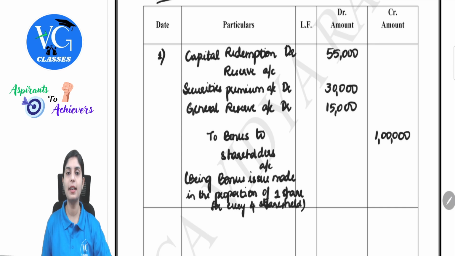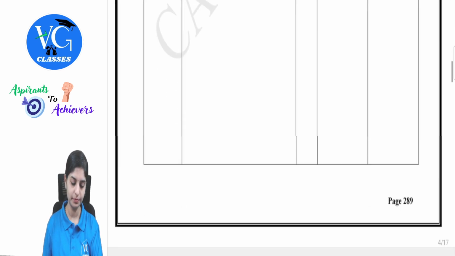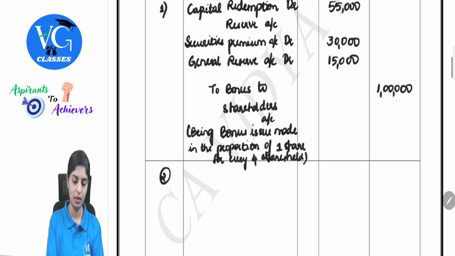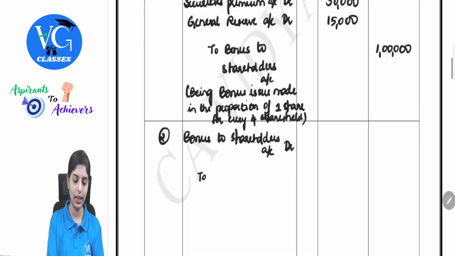So what would be the next entry? The next entry will be issue of bonus shares. Bonus to shareholders account debit, to equity share capital account.